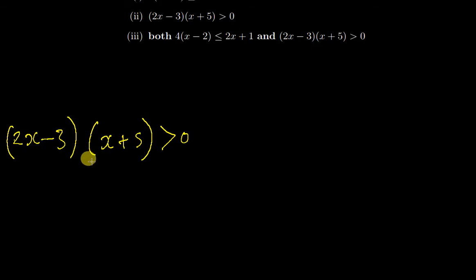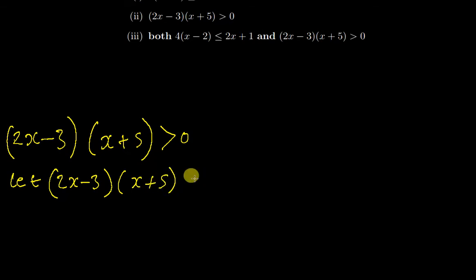The most important thing you need to find here are the critical points. So how do you find the critical points? You let this expression, 2x minus 3 times x plus 5, be equal to 0. This means we equate each term to 0.